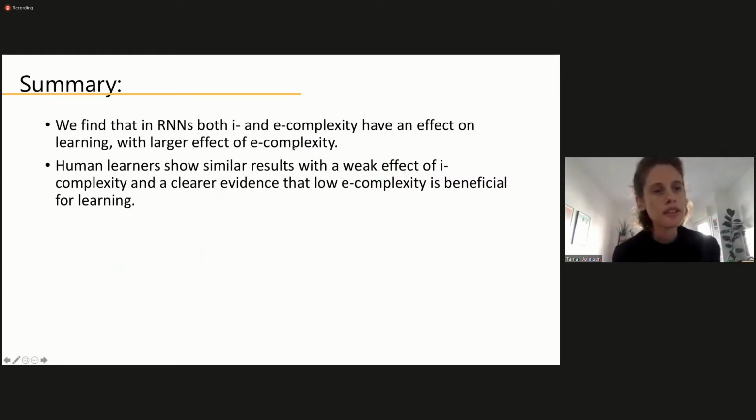So to summarize, we find that in RNNs, both I and E complexity have an effect on learning, with a larger effect of E complexity. And human learners show similar results, with a weak effect of I complexity and clear evidence that low E complexity is beneficial for learning.